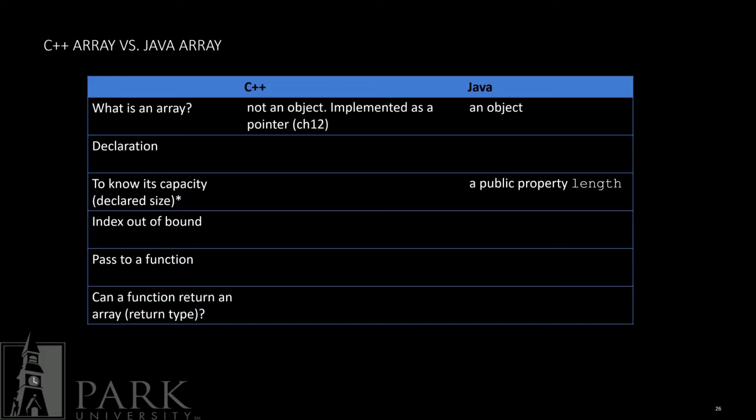In C++, they're implemented as pointers, which we'll cover next unit, but as such they do not have a length property, and we can use the sizeof operator to manually calculate the size of the array, by taking how much memory the array takes up, divided by the type of the unit that it's holding, right?